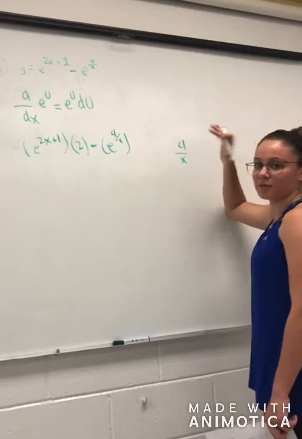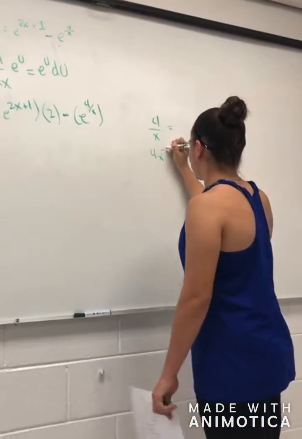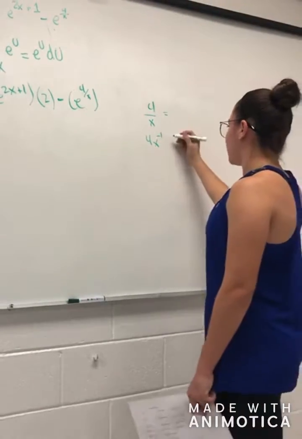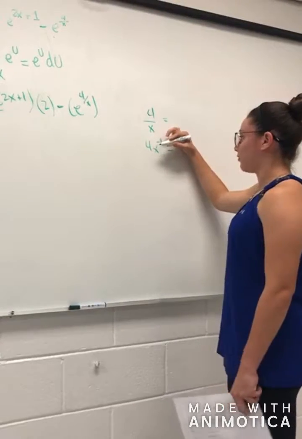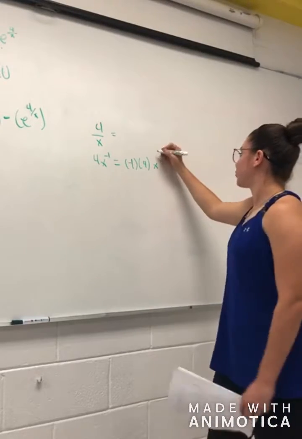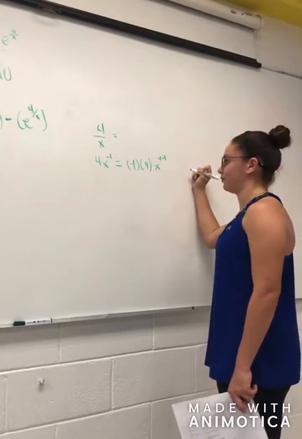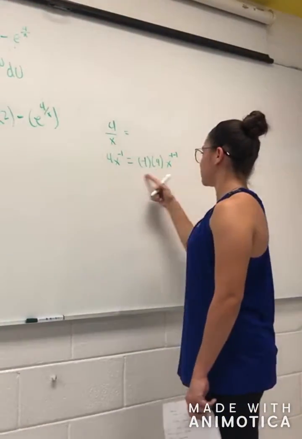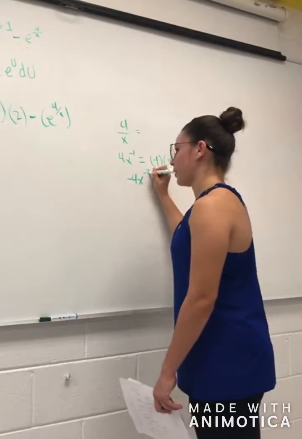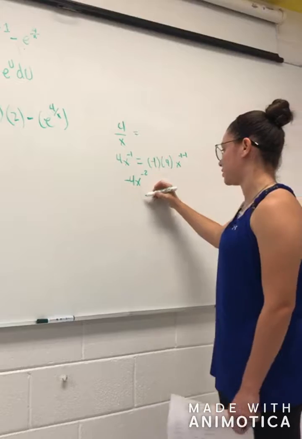That is in the problem, and it is 4x to minus 1 because we move the x over to the top, and this we need to multiply by the 4, so it is minus 1. We need to subtract 1, so it is minus 1 minus 1. The next step is multiply this, so it's minus 4x to minus 2. But we can't leave the x negative, so we pass it under.